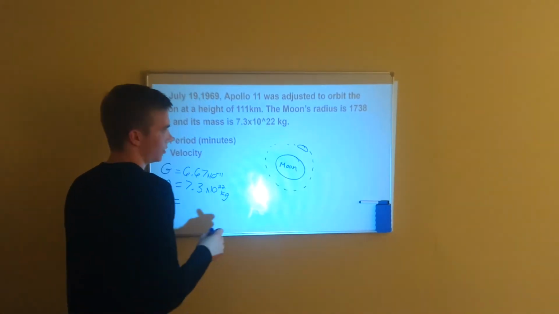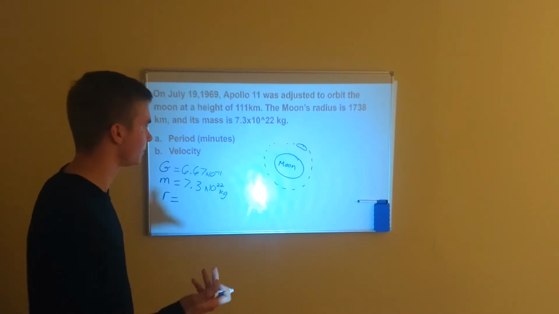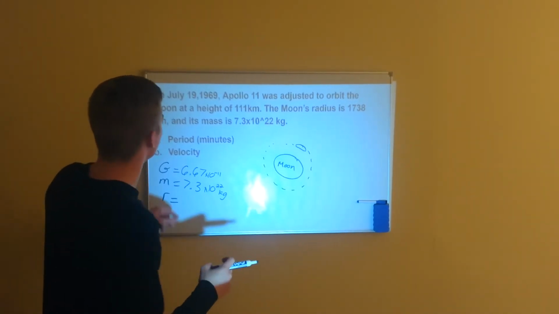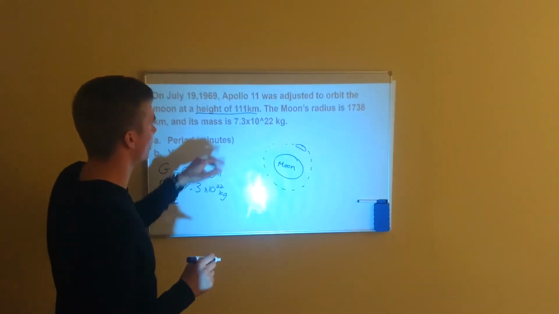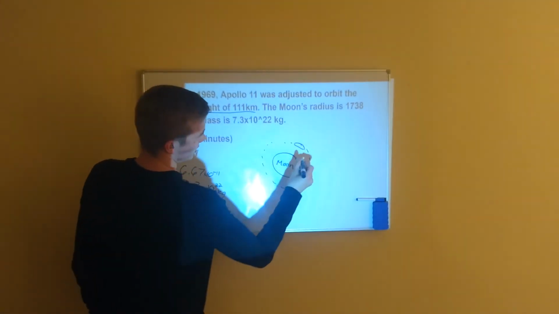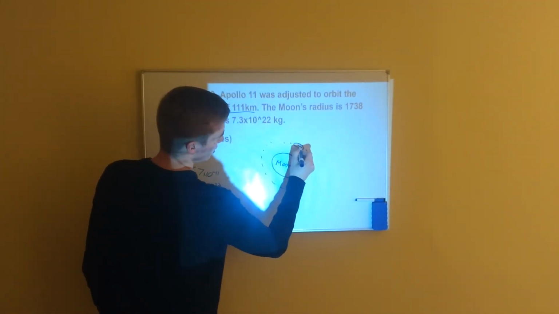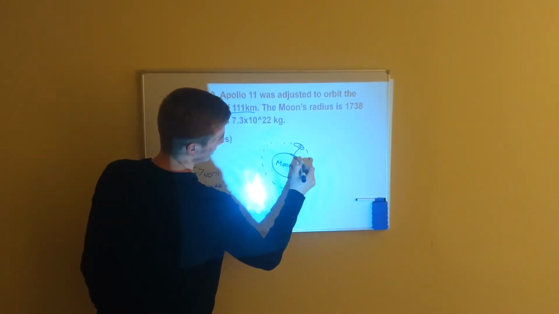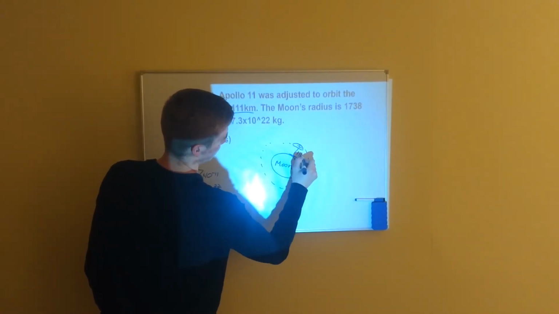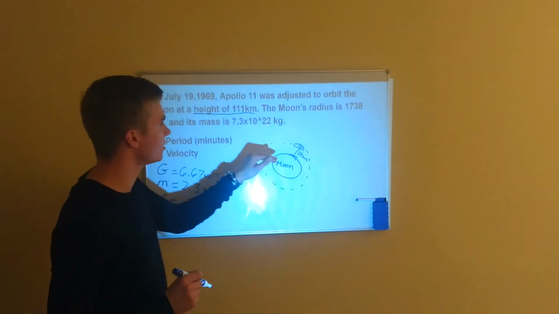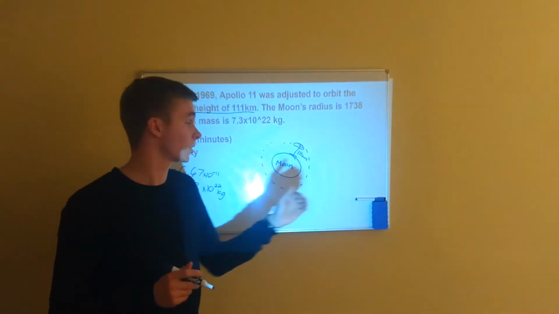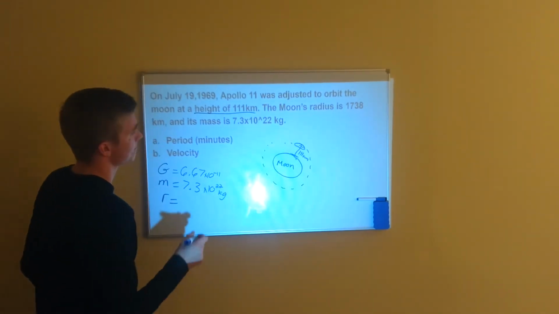Okay? It's orbiting around the moon. So the height that they're talking about here, this height of 111 kilometers, is here to here. Okay? So they're talking about the height from the surface of the moon. Okay, that's how far that craft is.